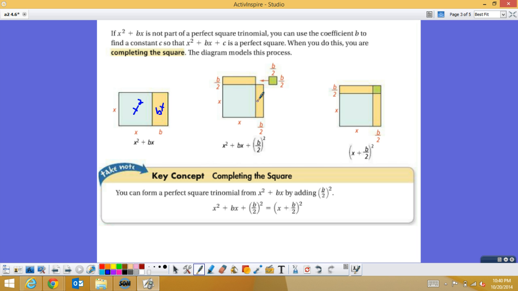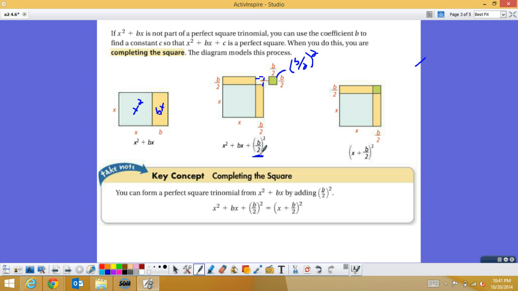And what they're going to do is fill in this space here to make this a perfect square. And the area of this square that they're adding in there is b over 2 squared. So that's where the b over 2 squared comes from.